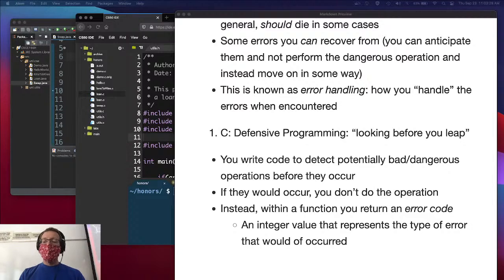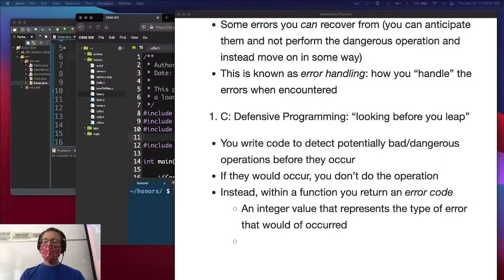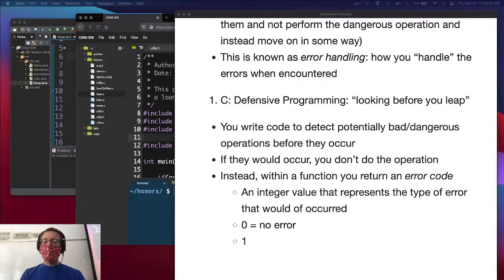By convention, 0 means no error, just like 0 means false, it's the only thing that means false. 1, 2, 3, etc. Any non-zero value indicates some type of error.